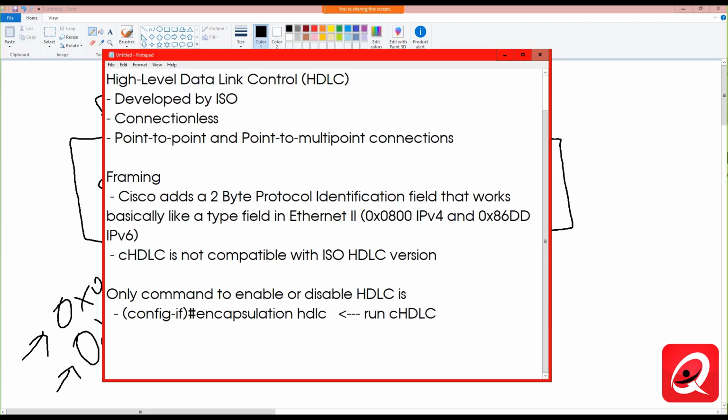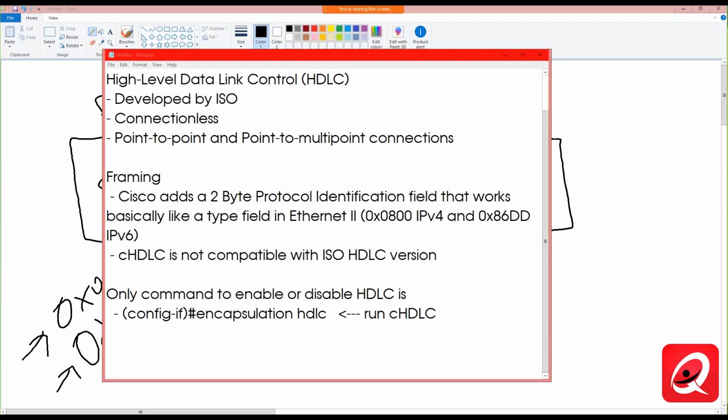You're not going to be able to run the ISO version of HDLC on your Cisco routers. Now you may be able to run the Cisco version of HDLC on other routers, but you're not going to be able to run the non-Cisco version of HDLC on Cisco routers. Just keep that in mind.